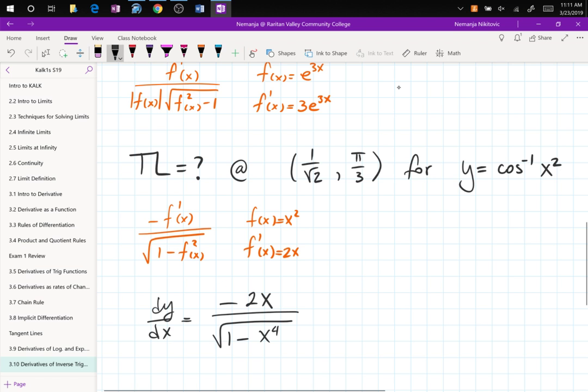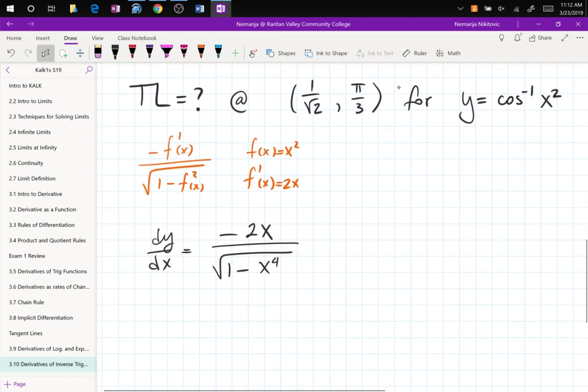And now I get to plug in the values. I have m equals negative 2 times 1 over root 2 divided by the square root of 1 minus 1 over root 2 to the fourth power.